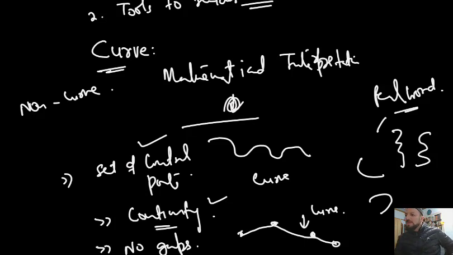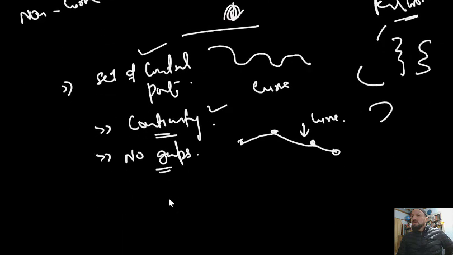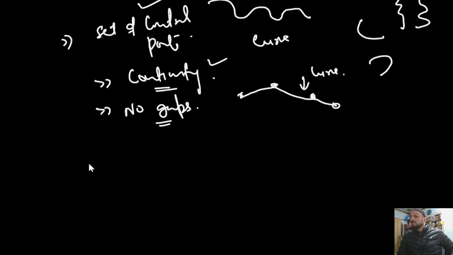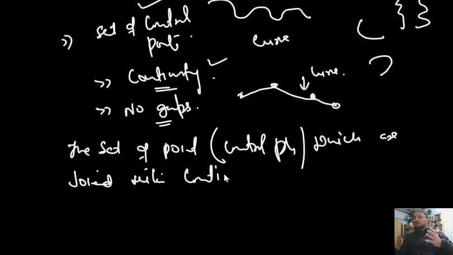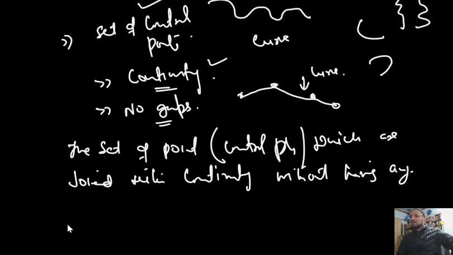So if you want a definition of a curve, you will say a curve is made up of a set of points, also called control points, which are joined with continuity without having any gaps.